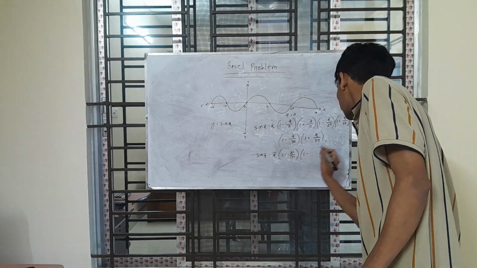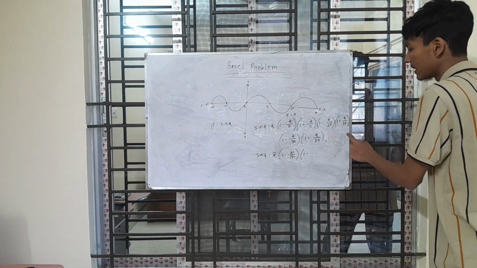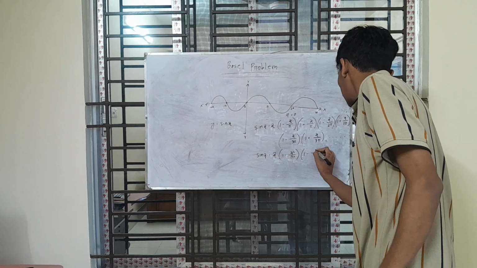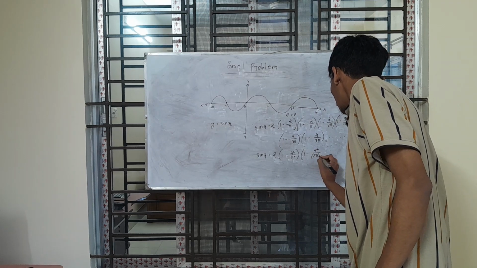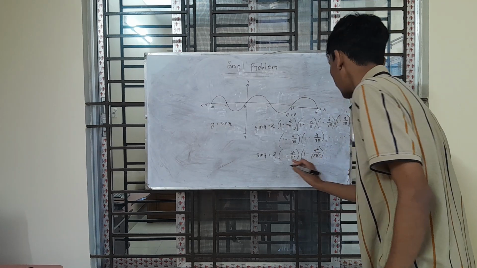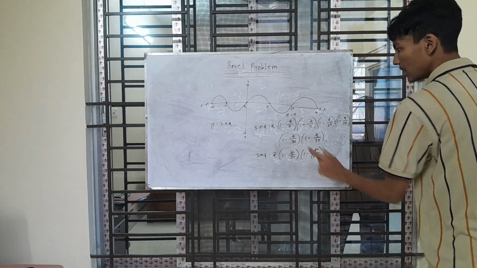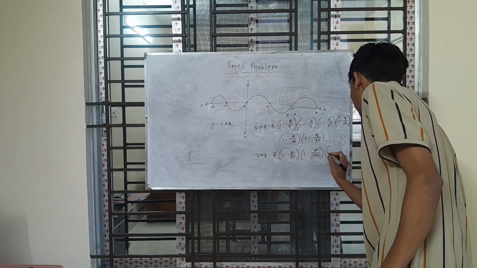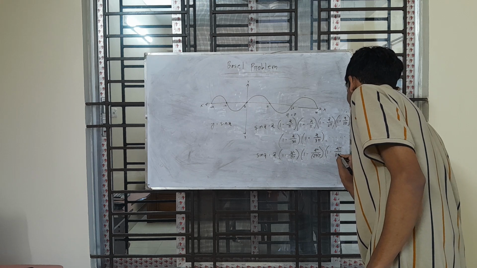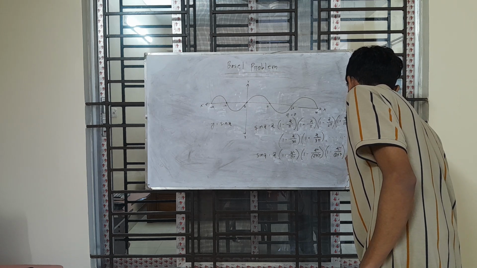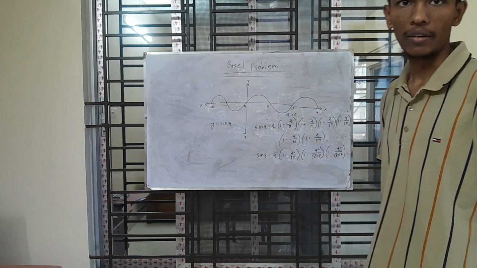Then this thing will be x squared over 2 pi whole squared. Then when we multiply these two, we get minus x squared over 3 pi whole squared, and so on, right?